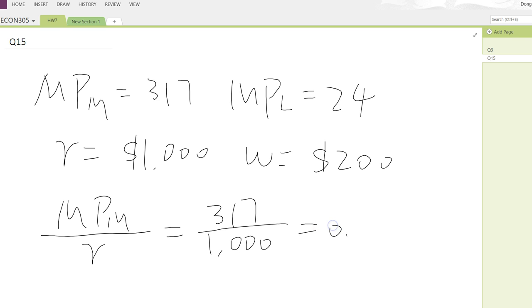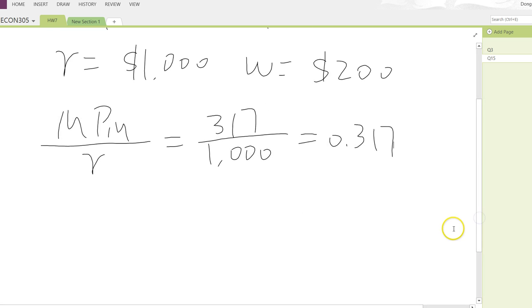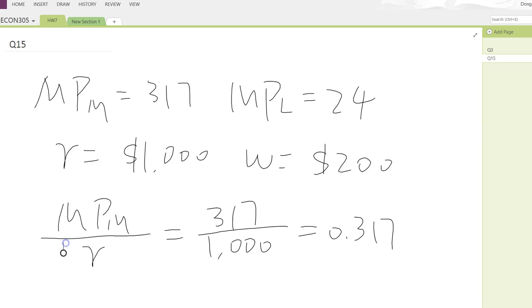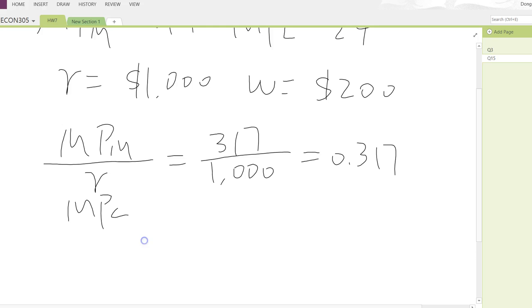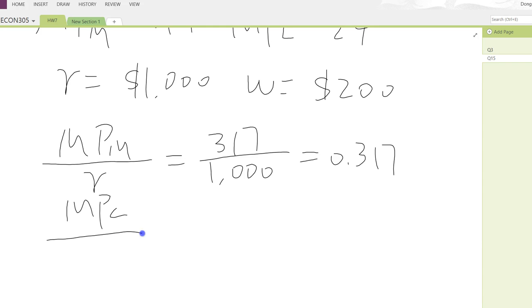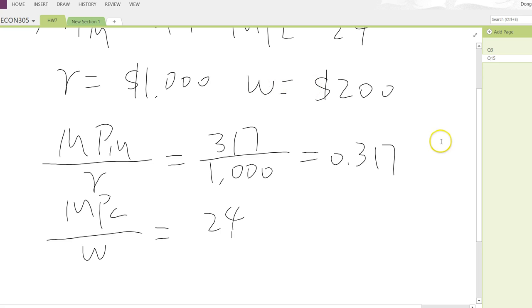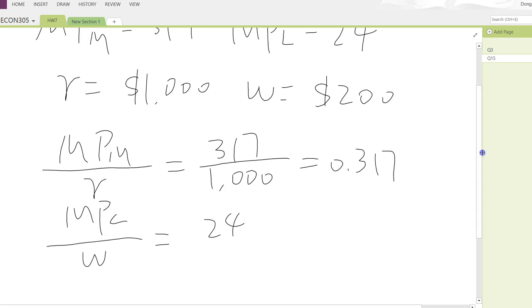That gives me 0.317. And the marginal product of labor divided by W equals 24 divided by 200.